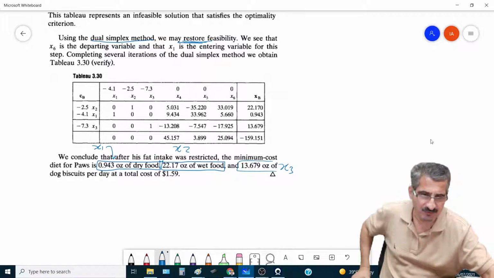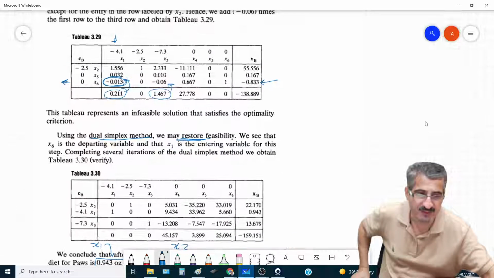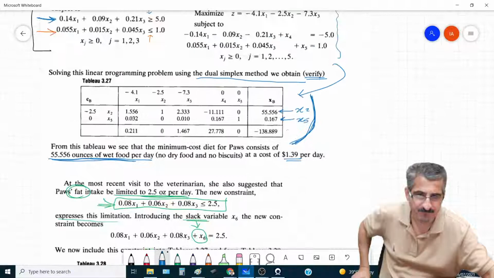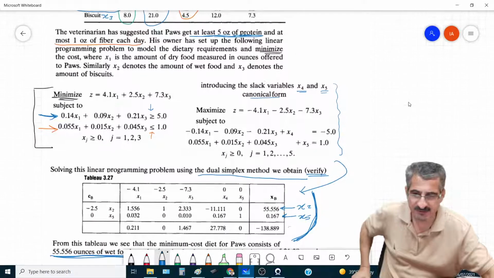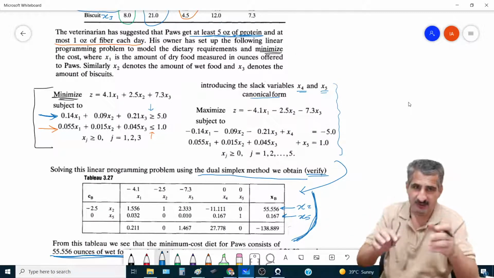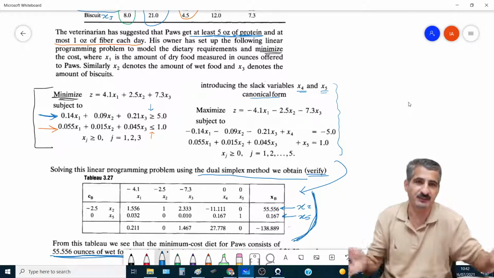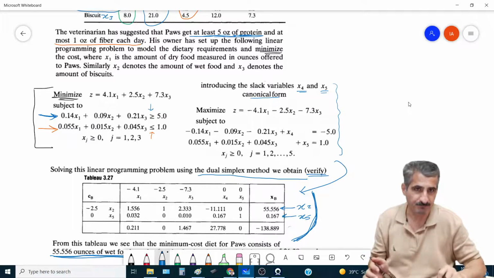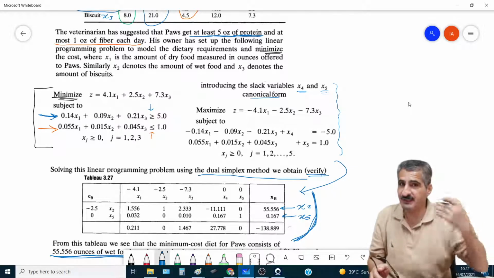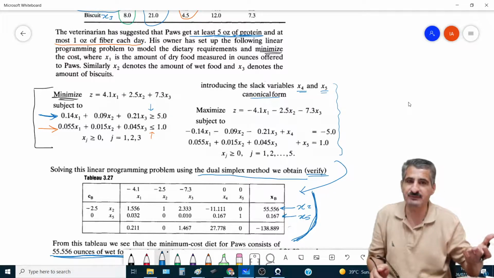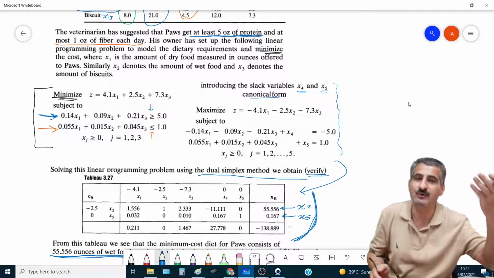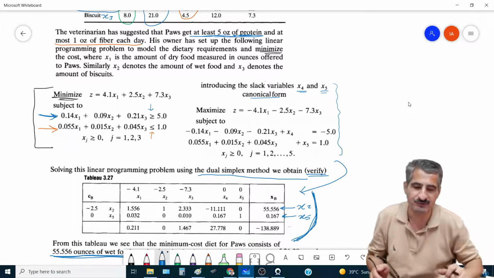Okay, so what happened here? Let's go back and review the example. At the beginning, we have two constraints, and then we work the solution with the dual simplex method, and then we obtain the solution. Thank you, we're done. But after that, we needed, for some reason, to add one new constraint.